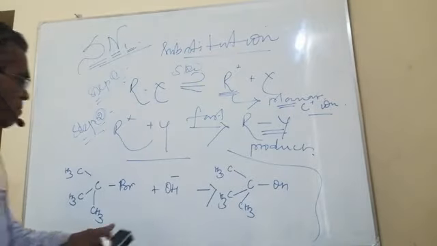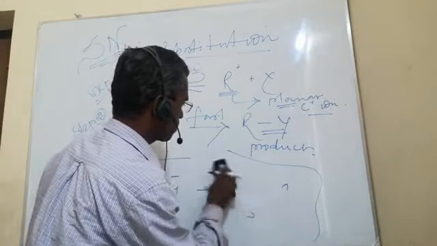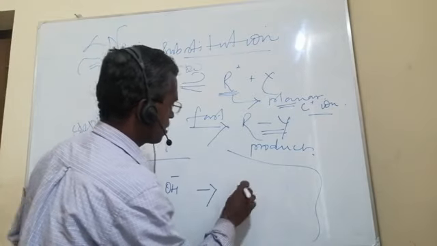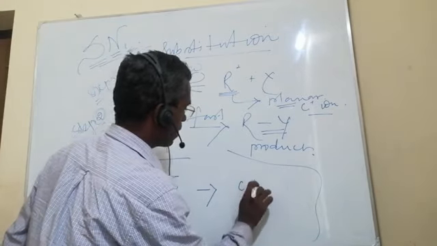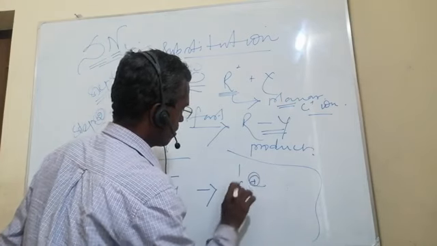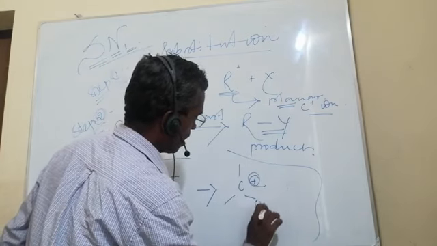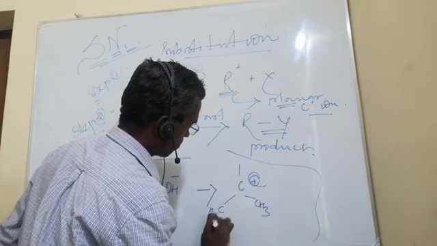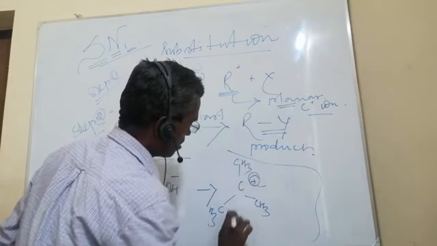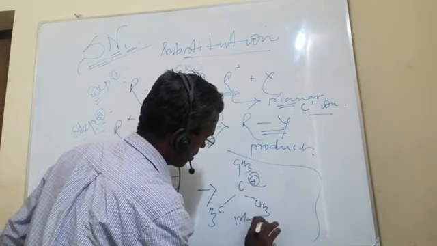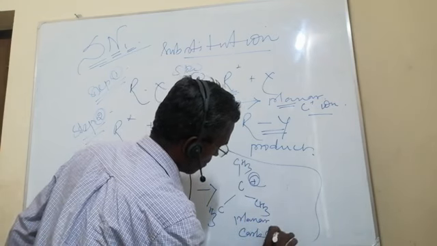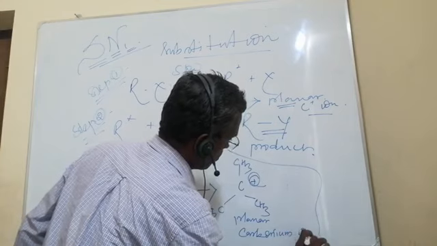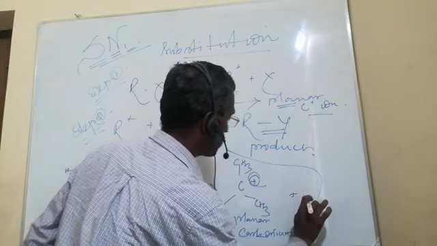In the first step, you will get C plus with CH3, CH3, CH3, which is a planar carbonium ion, plus Br minus.